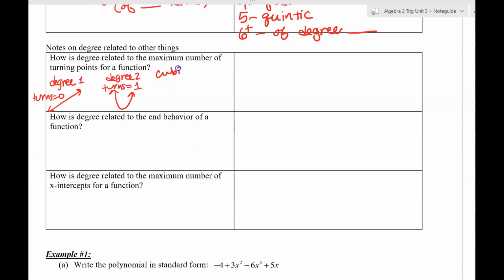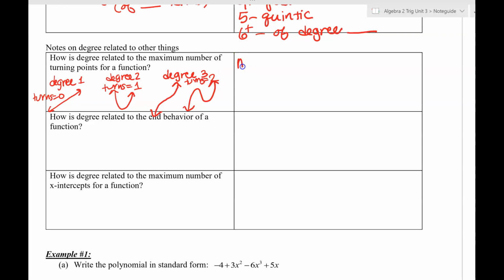A cubic is degree 3, and then we had to start getting a little careful. It might look like this, but it could also look very like this with some deeper little turning points there. And so the turns could be up to 2, but could stay below it.